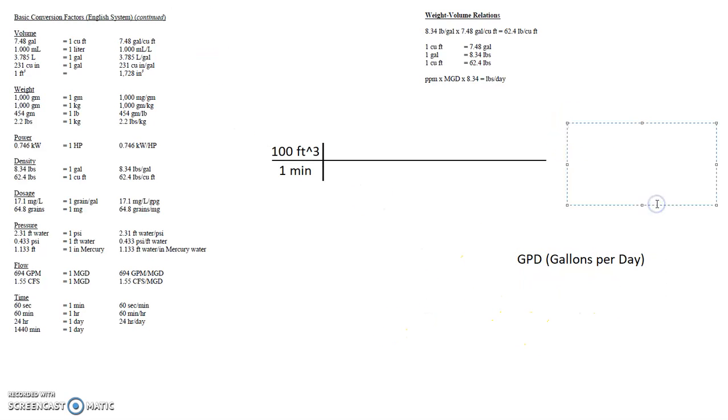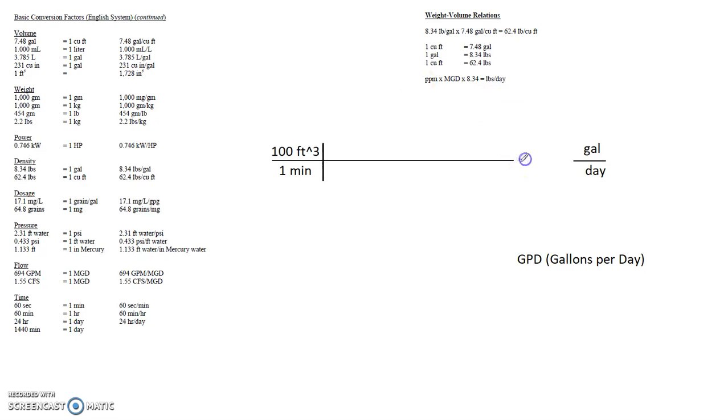So if we want to visualize that, then it would look something like this. Gallons over day. And so that shows us that we have to reach this end result somehow.